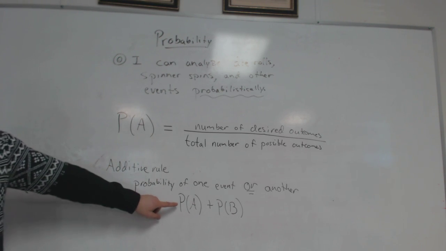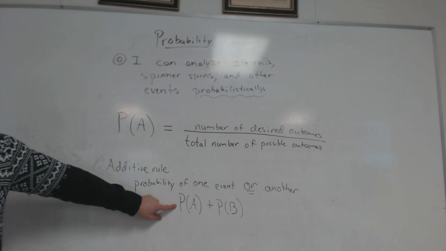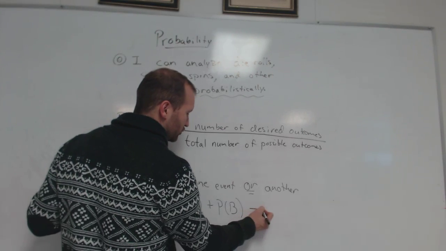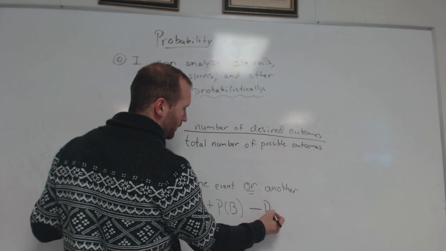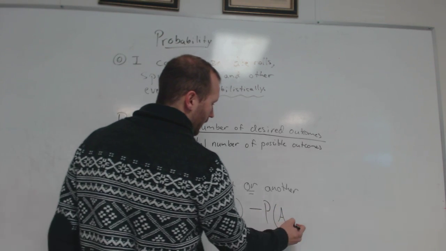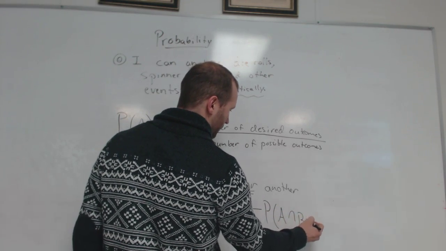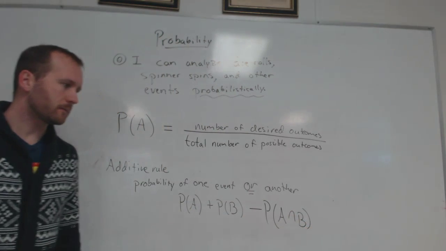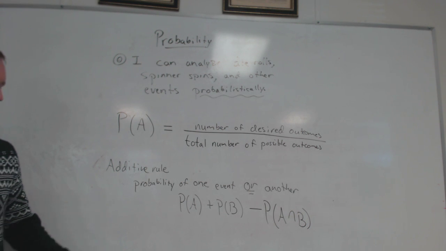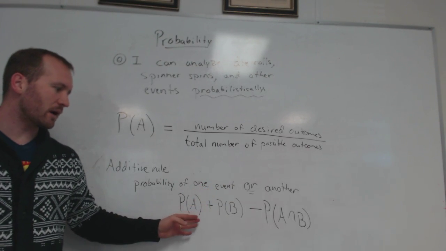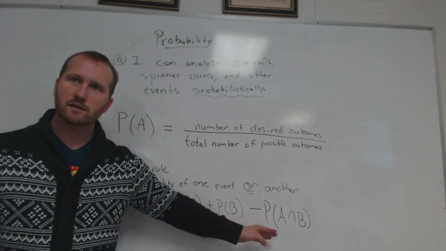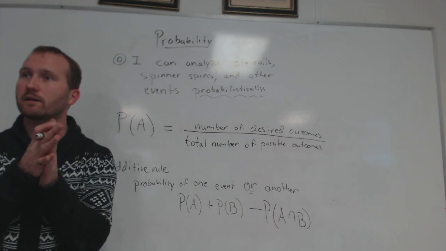And so a lot of times you will see this rule written out with a minus at the end. You subtract the probability of A and B. So the probability of one event or another is the probability of one plus the probability of the other minus the probability that they both happen together.